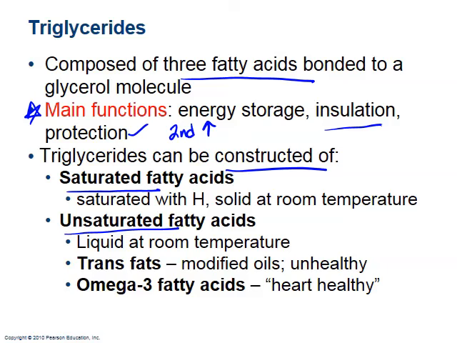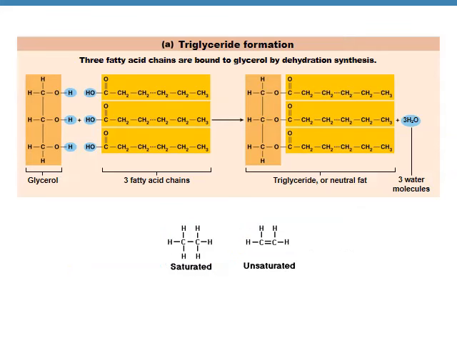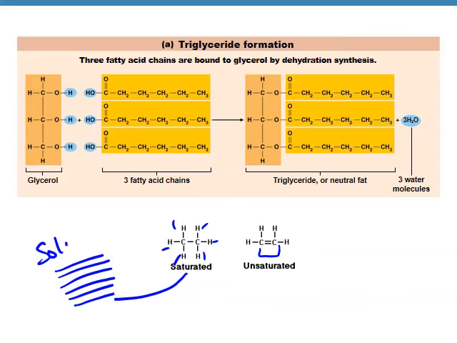So let's look at the next slide and look at saturated versus unsaturated fats. This is an example of a saturated fat where every single carbon has a hydrogen attached to it. You can see here this is unsaturated because these 2 carbons are missing hydrogens. So what's interesting is that the saturated fatty acid tails usually stack up, so this is usually a solid at room temperature.